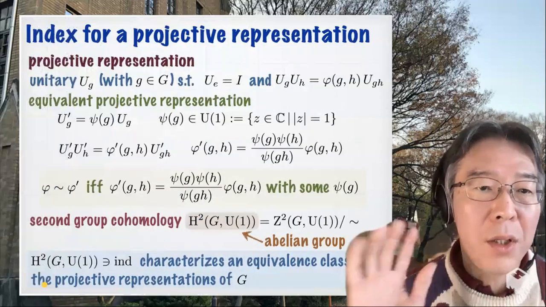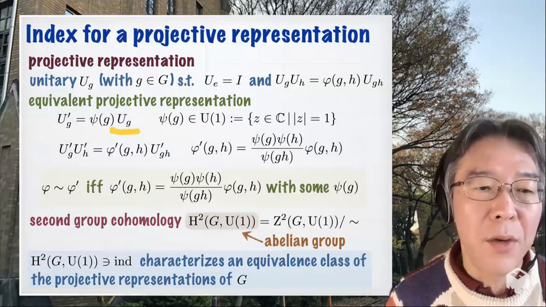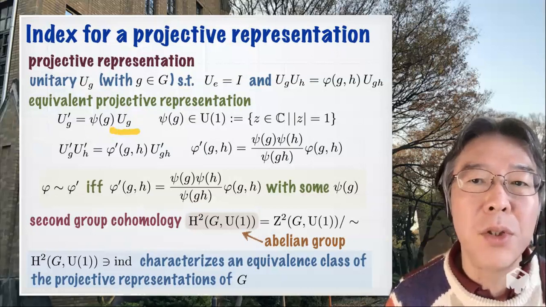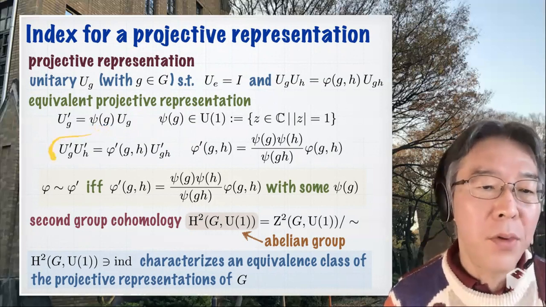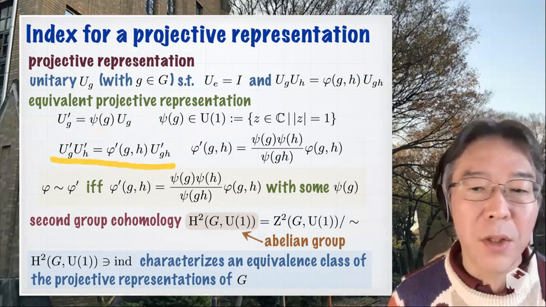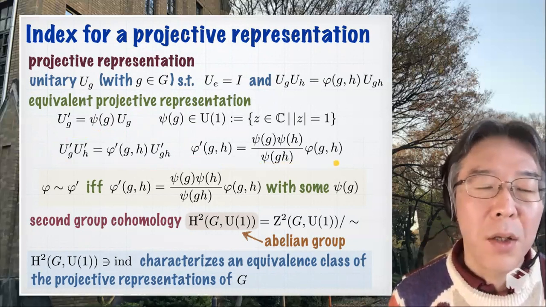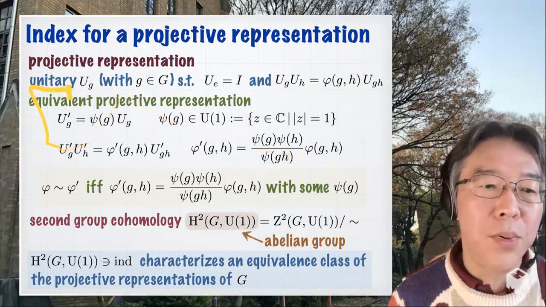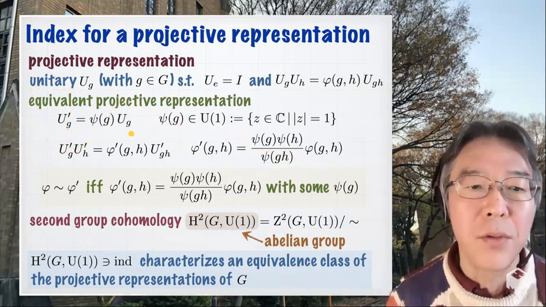Okay, so we know what a projective representation is. Suppose that we are given a projective representation U_g and define U_g prime by picking an arbitrary phase factor psi. Of course, U prime satisfies this relation, so it becomes another projective representation with this new phase factor. Now we want to regard U prime and U as equivalent because they are related by a trivial relation.